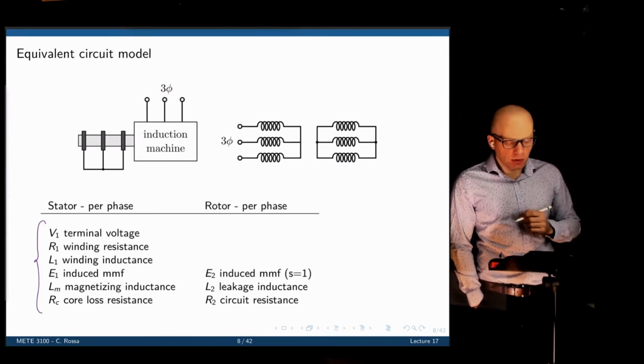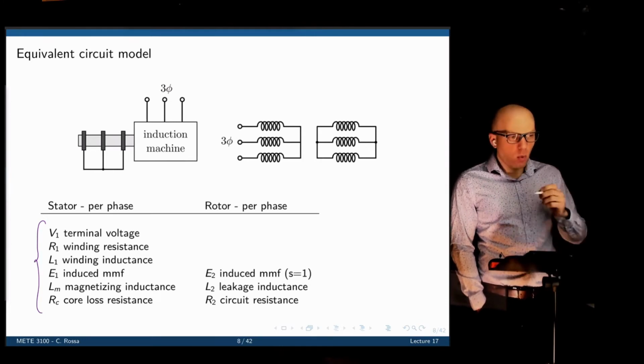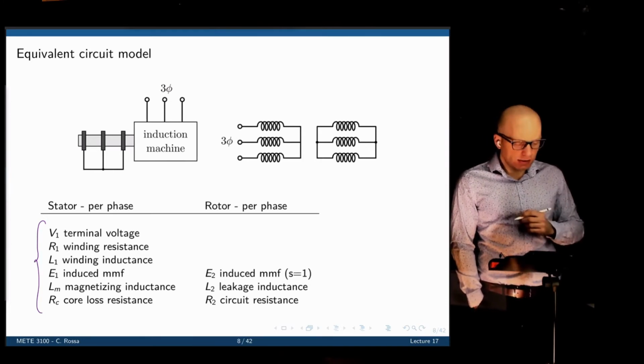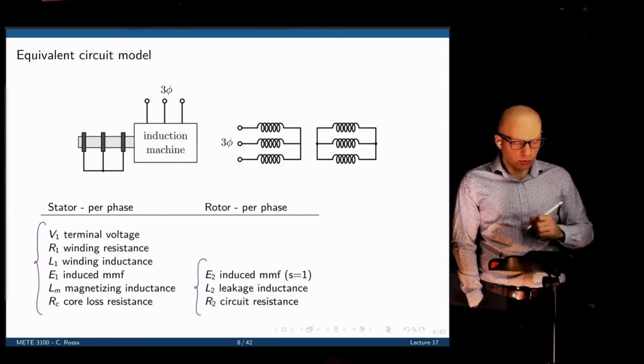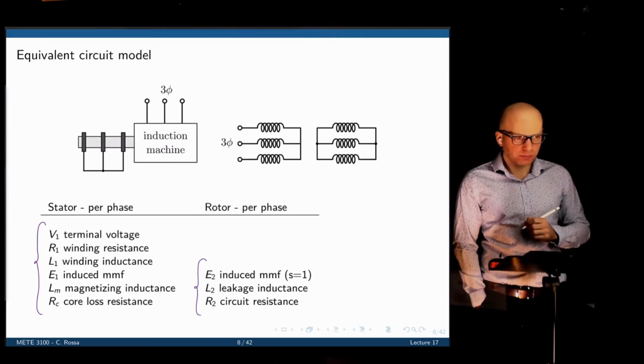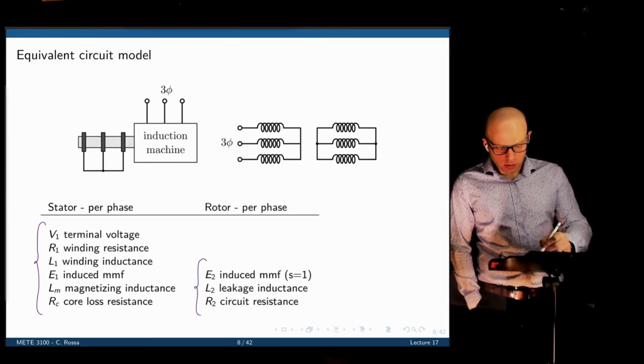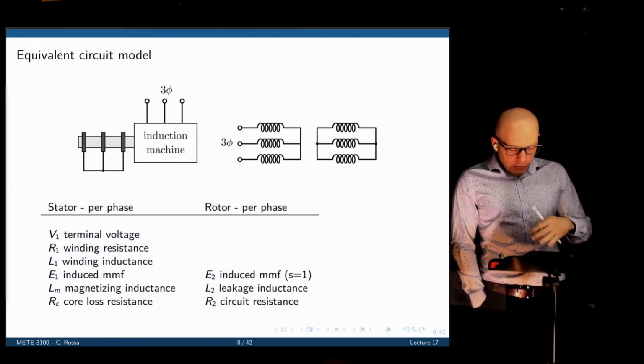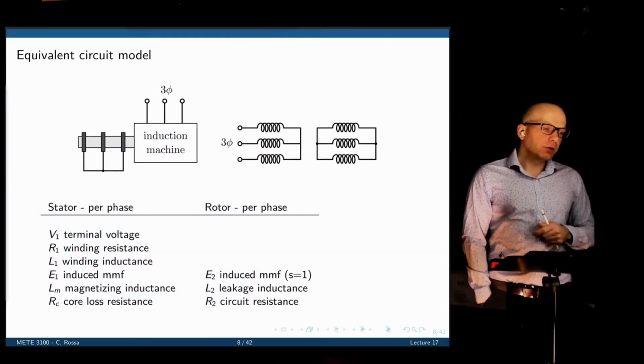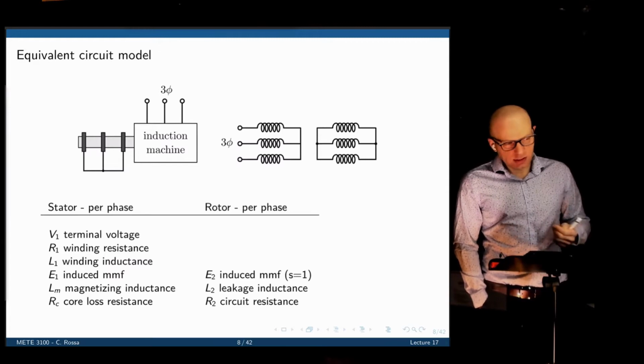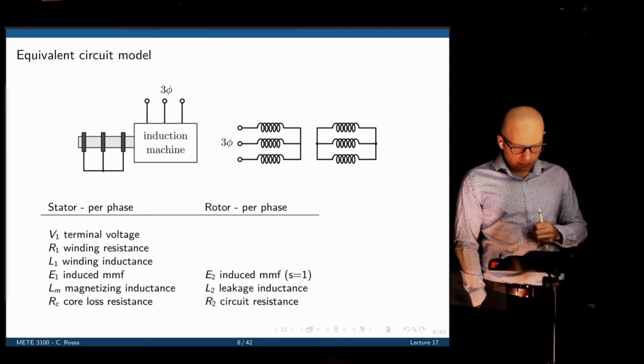So all the indexes 1 will now refer to the stator, and for the rotor, we'll use number 2. Okay. And you recognize this terminology from the transformers. It is exactly the same circuit, as you're going to see later.